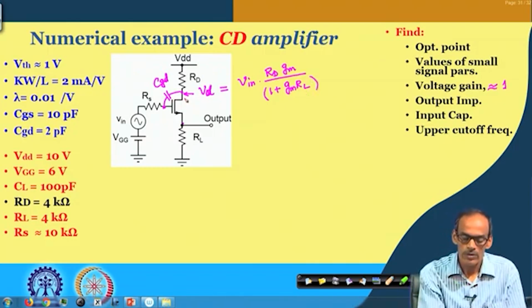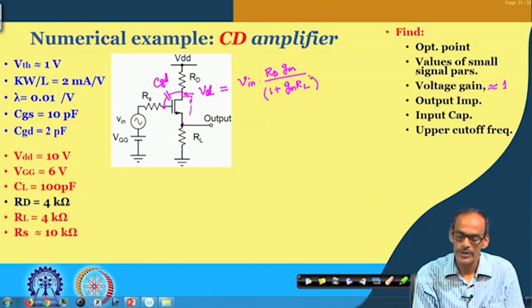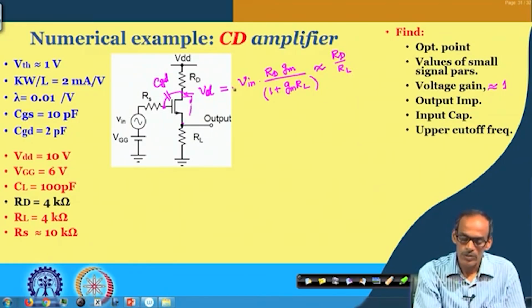If I consider this resistance is very high compared to RD, this can be well approximated by RD by RL, with of course a minus sign.